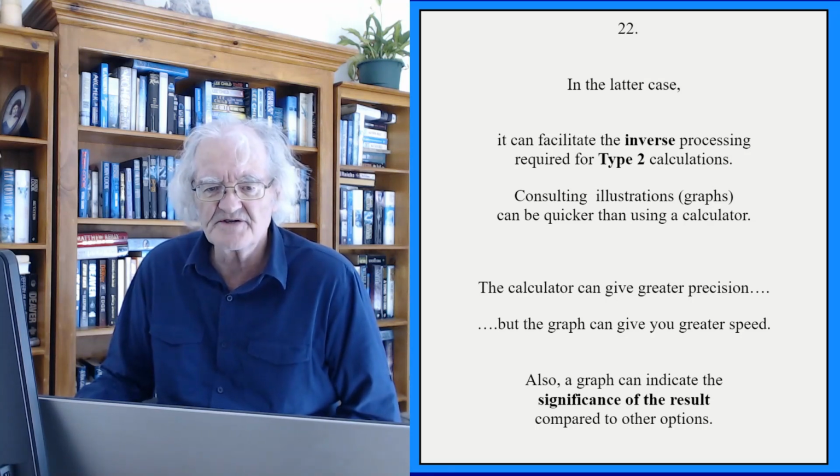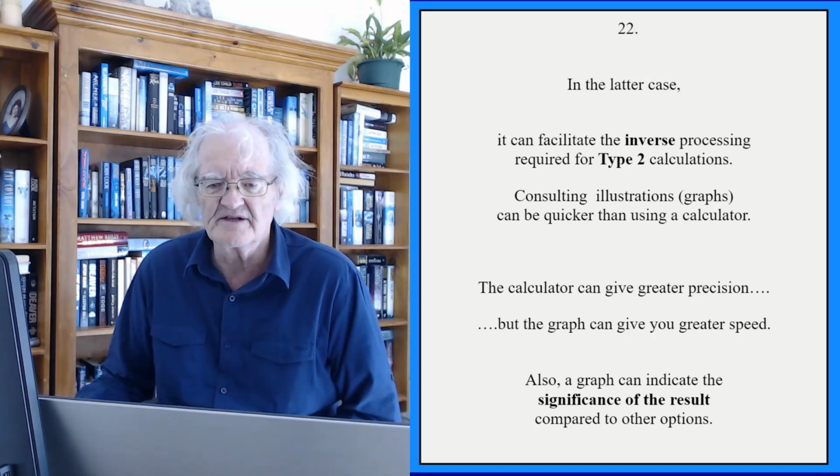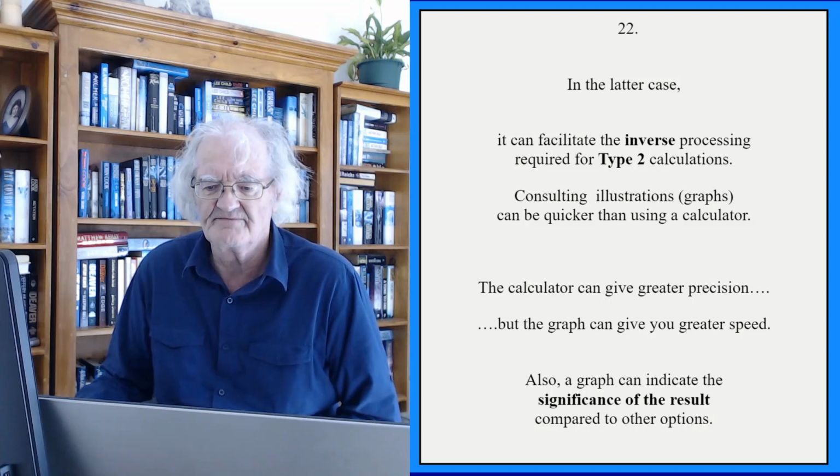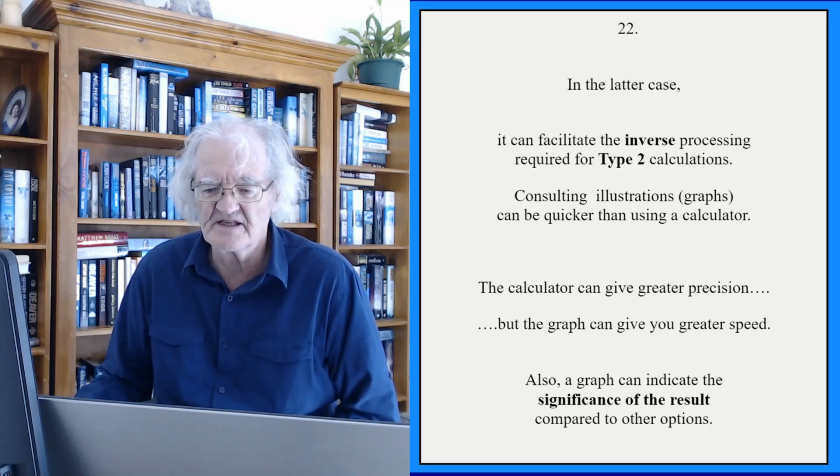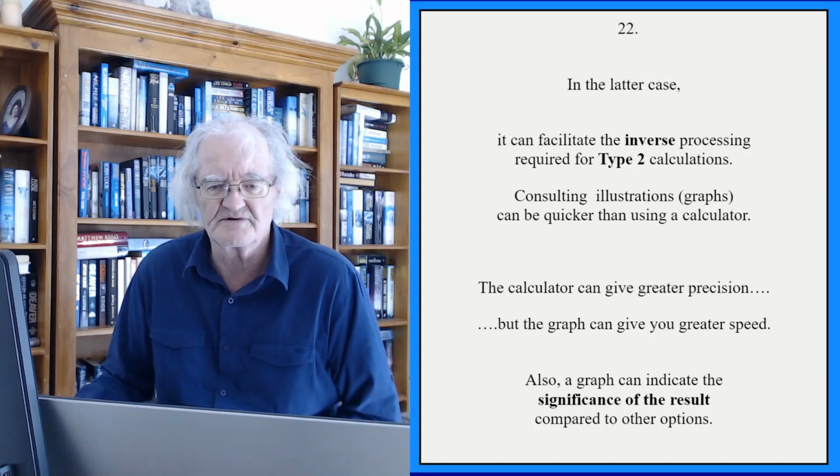Consulting illustrations, or graphs as we call them, can be quicker than using a calculator. The calculator can give greater precision, but consulting the graph can give you greater speed. Also, a graph can indicate the significance of the result compared to other options.